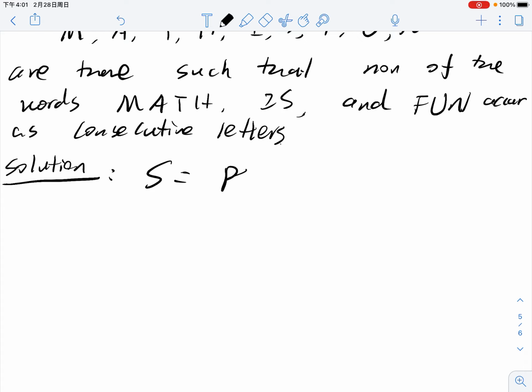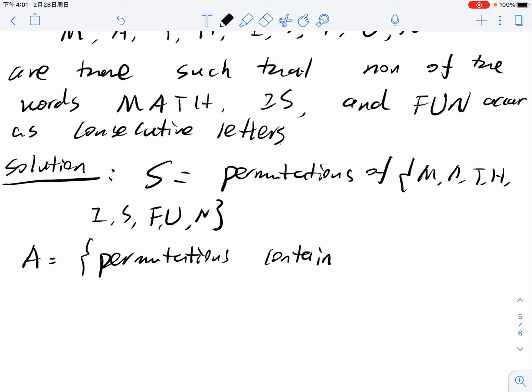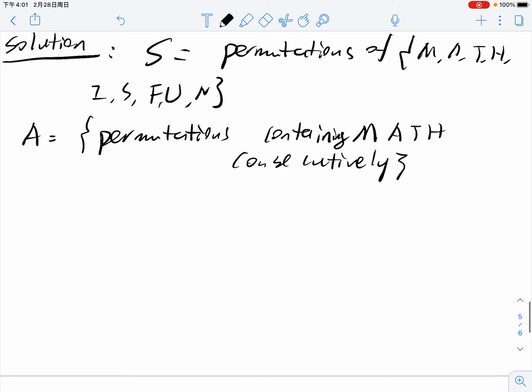So the whole set S is permutations of MATHISFUN, and let A be the permutations containing MATH consecutively, and let B be permutations containing IS consecutively.